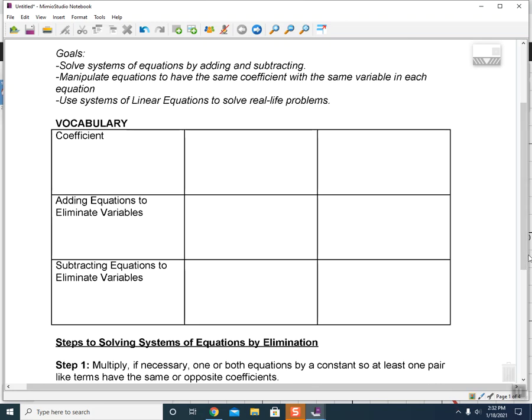So what we're really going to be looking at when we're looking at systems of equations, particularly with elimination, is we're going to really pay attention to the coefficients. And the coefficient is the number before a variable.